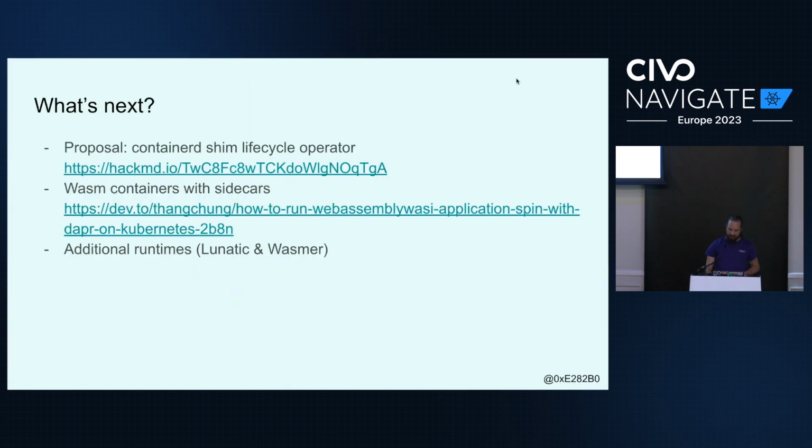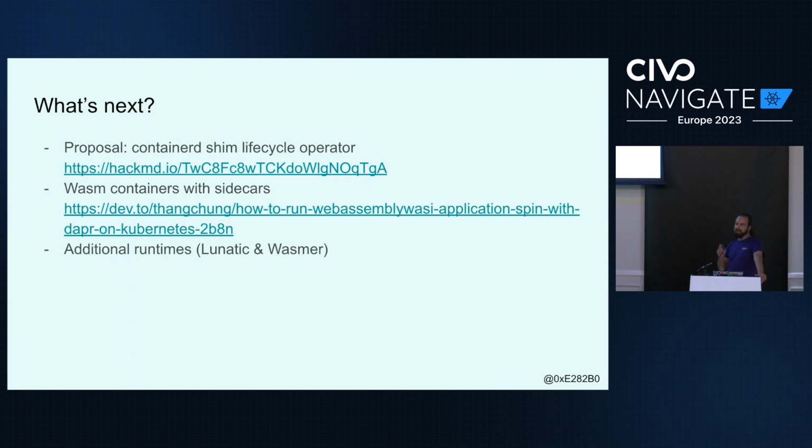Okay. So, what's next with the KWasm project? There is a proposal from David Justice from Microsoft to make it a lifecycle manager for shims, so that you can just create CRDs like enable Spin, enable Lunatic, enable Wasm, and it provisions your nodes as you need it.